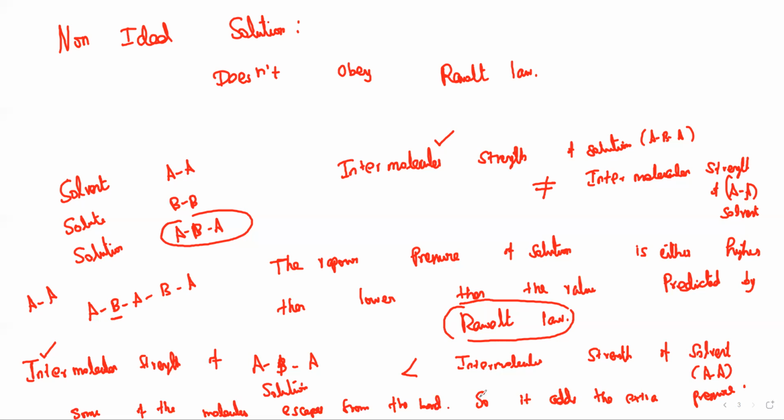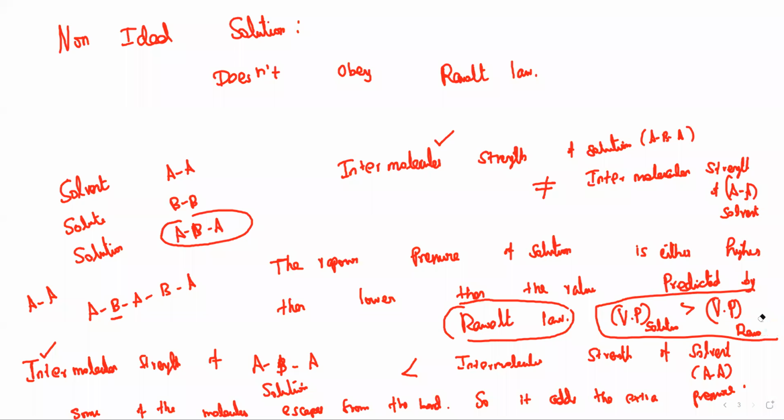In this case, the vapor pressure of the solution is greater than the vapor pressure of the solution found by Raoult's law.